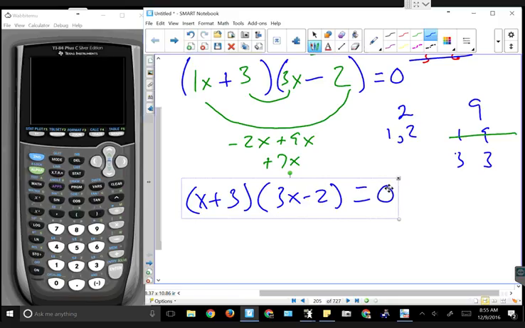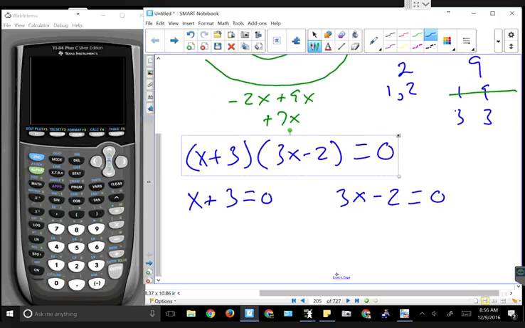Now, the only way for something to be equal to 0, for those of you that are awake, is if x plus 3 is equal to 0 or 3x minus 2 is equal to 0. This is part of the reason why we go and set it equal to 0, because there are some wonderful little things when we're multiplying by 0 that we know about. Specifically, something times 0 has to be equal to 0.